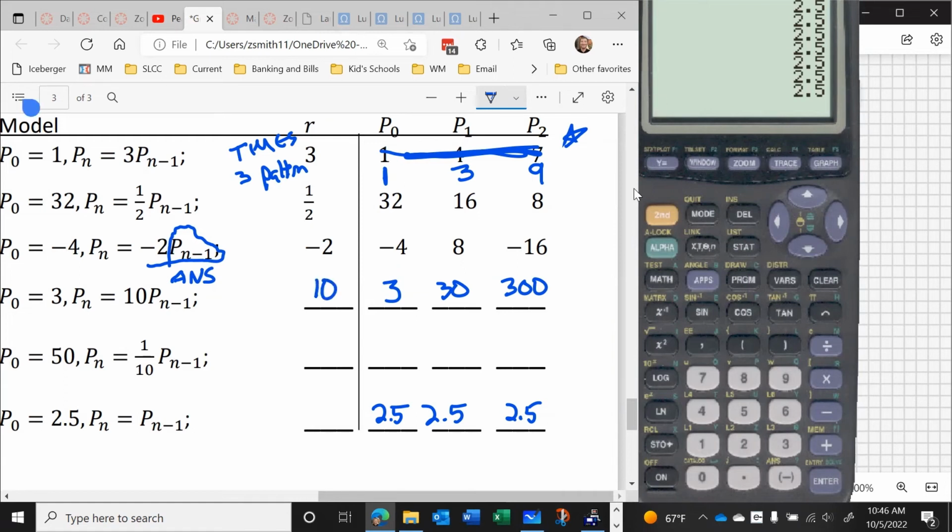This one is times 1/10. This one is the invisible times 1. It's the coefficient of this piece of n minus 1. So this is 50, and it's times 1/10, then it's 5, and 5 times 1/10 is 1/2, and etc. All right.